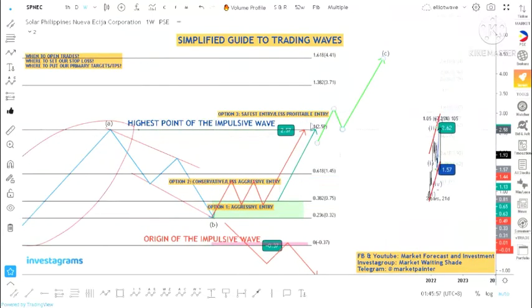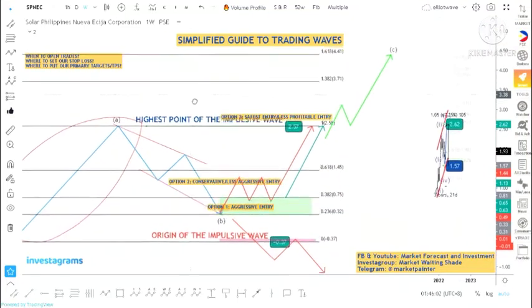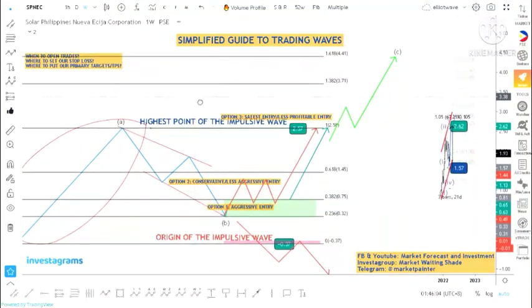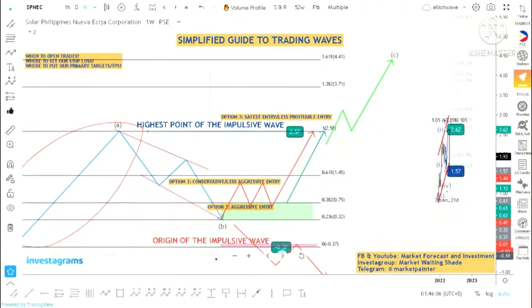And how do we actually exit these trades? For option 3, since it's a less profitable trade, the target area will only be the first extension Fibonacci level of 1.382.